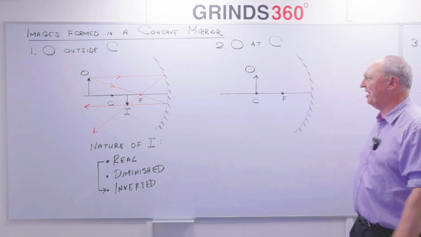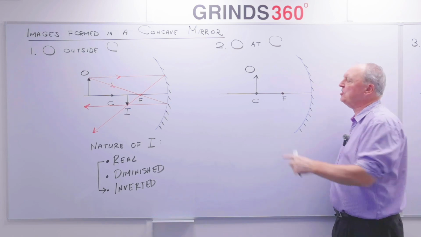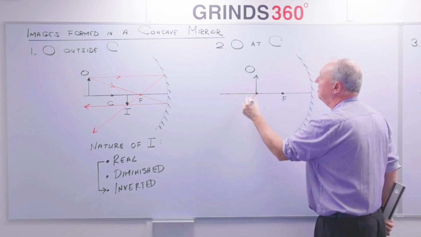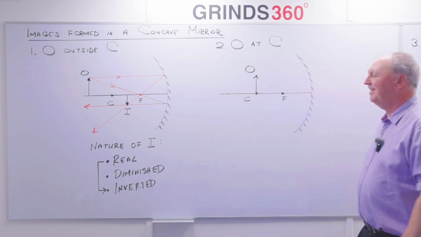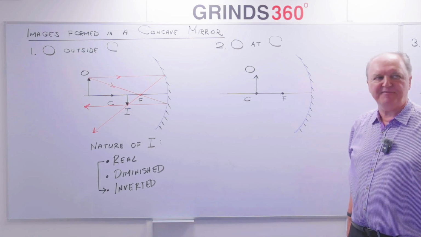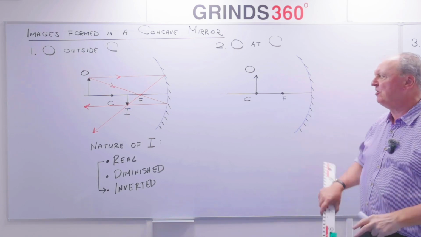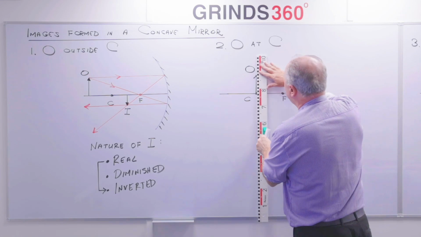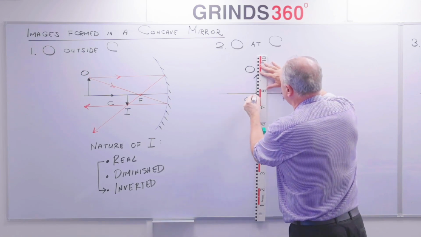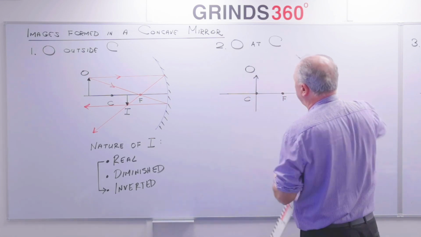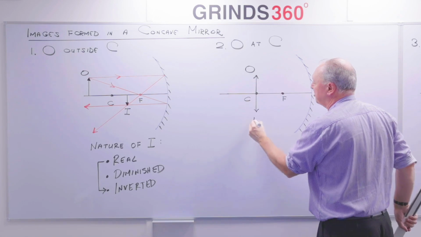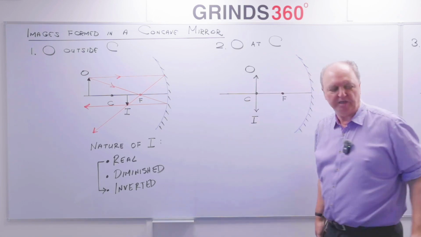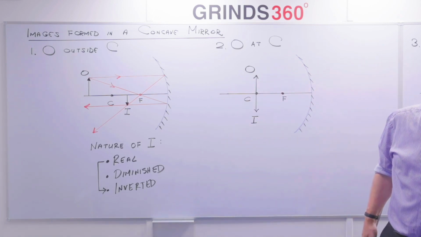I'm going to tell you where the image is. The image is also at C, and it's going to be the same size. So I'll give you a little trick. In order to get it absolutely right in the exam, actually draw in your image first. Same size, upside down. There's my image, I. I'm doing a little bit of cheating in order to get it absolutely right.